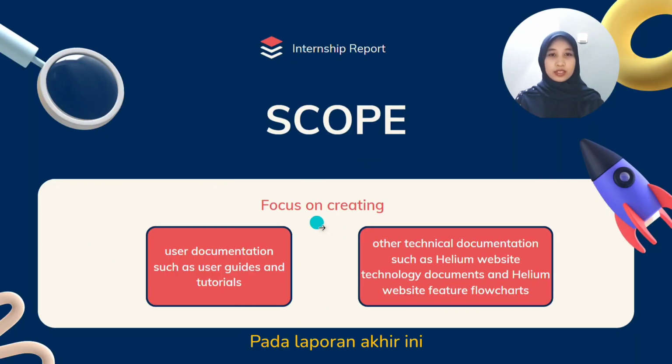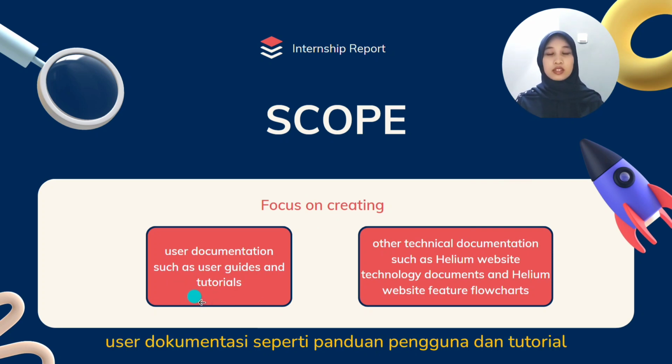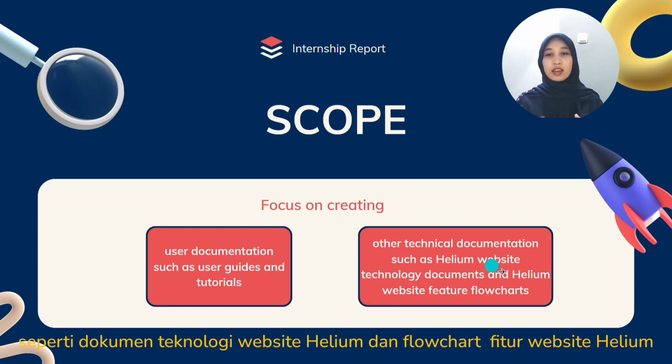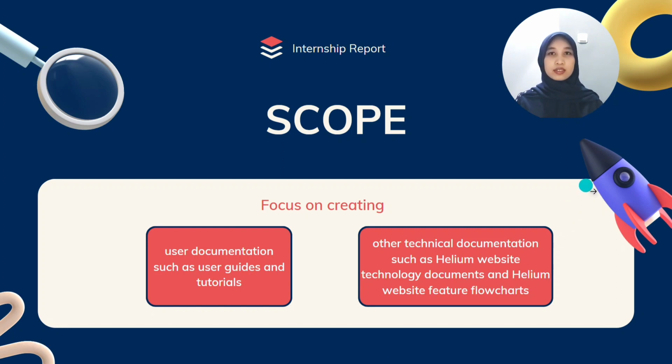This final report will focus on creating user documentation, such as user guides and tutorials, and also other technical documentation, such as Helium website technology documents and Helium website feature flowcharts.